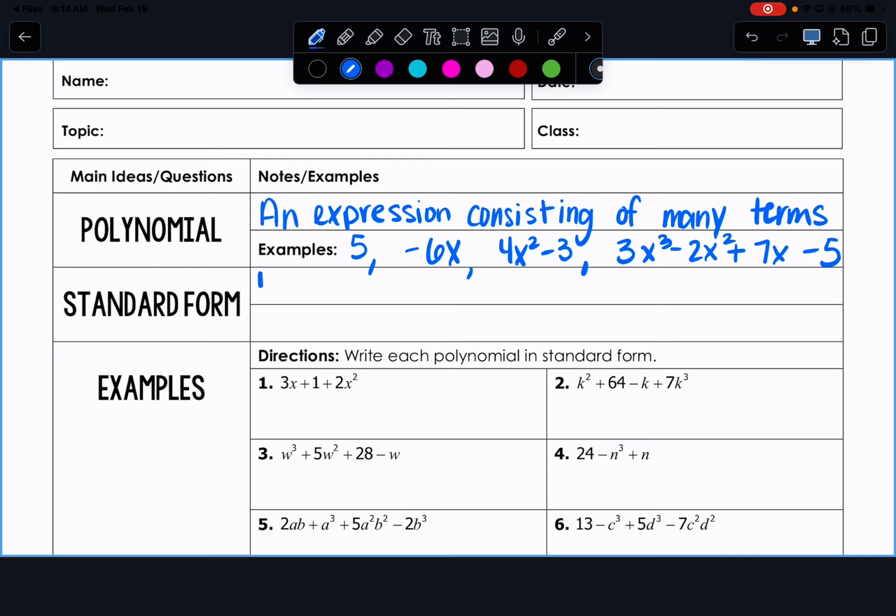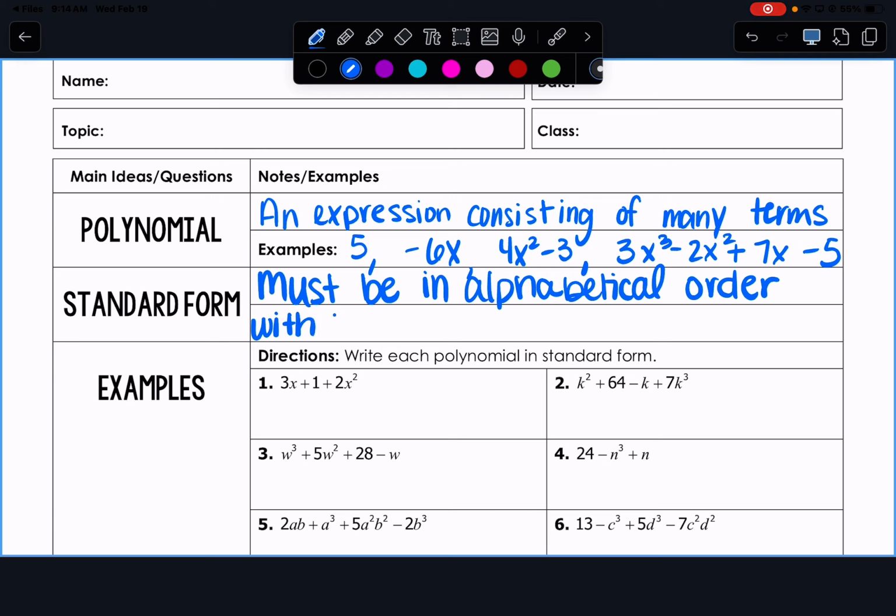So the first thing is it must be in alphabetical order. In addition to being written in alphabetical order, our exponents have to go from biggest to smallest, okay? So we're going to start with the highest exponent first.